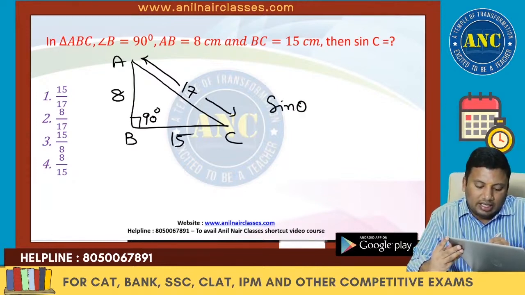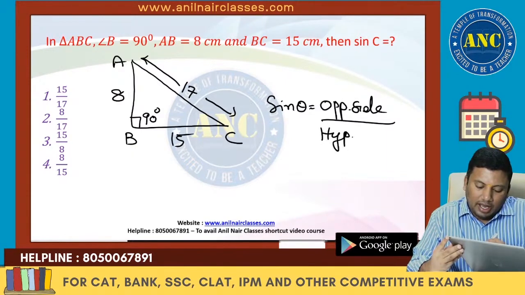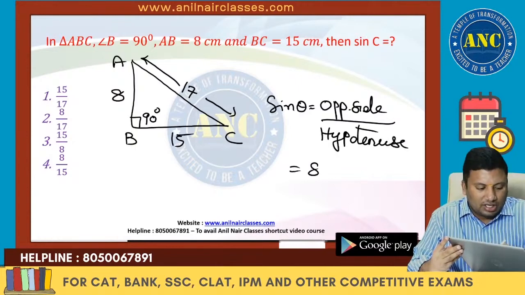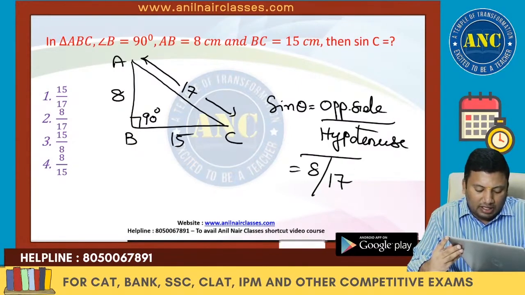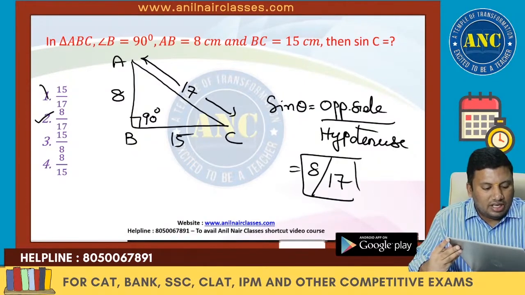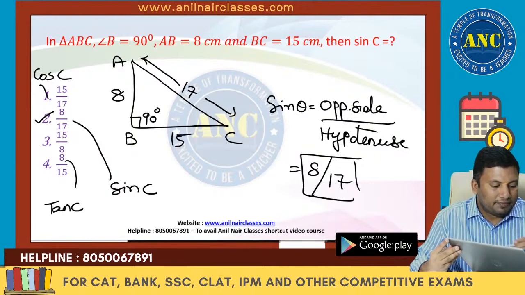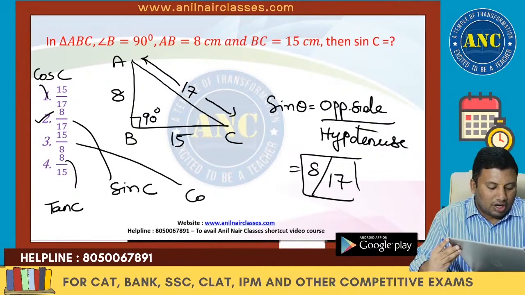Sin theta is opposite side by hypotenuse, which is 8 by 17. This is cos C, this is sin C, this is tan C, this is cot C.